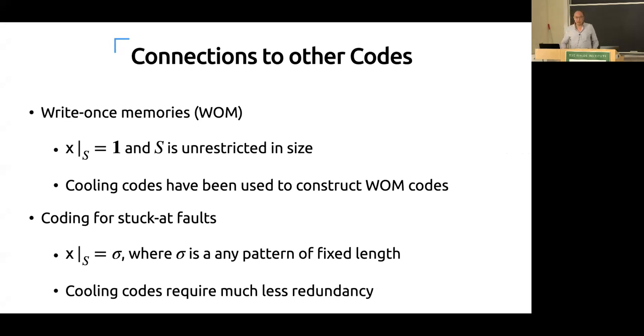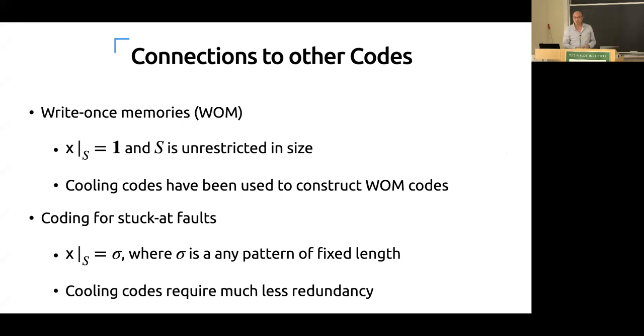Cooling codes are connected to other codes. They are connected to write-once memories. In cooling codes, you need the restriction to S to be the zero vector, but for write-once memories, you need it to be the all-ones vector. In the cooling codes case, you are restricting S to be a subset of size at most t, because of the t hottest wires, but S is unrestricted in the case of write-once memories.